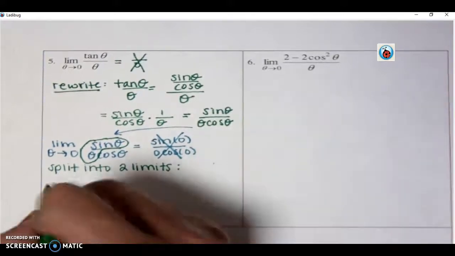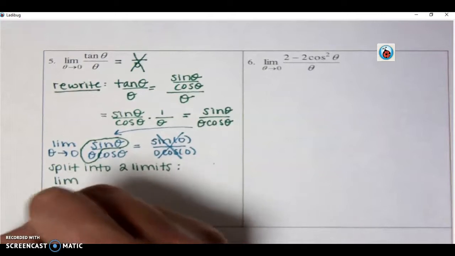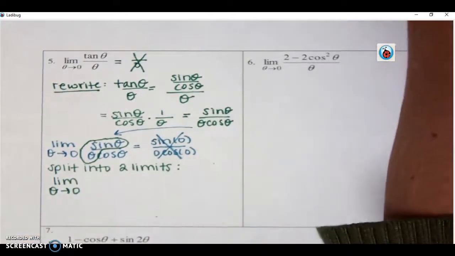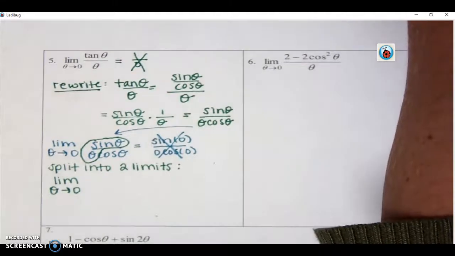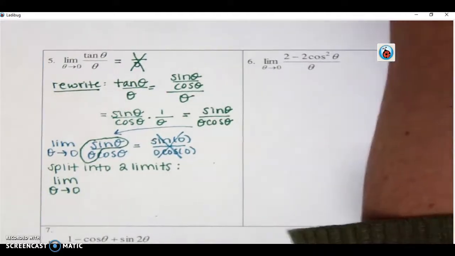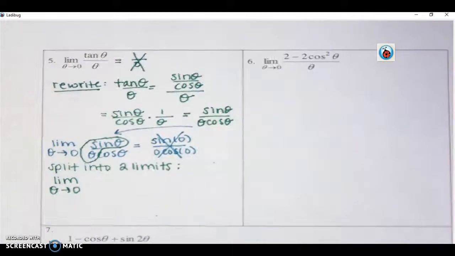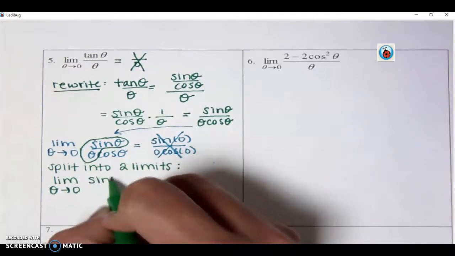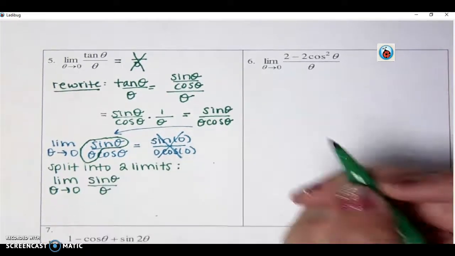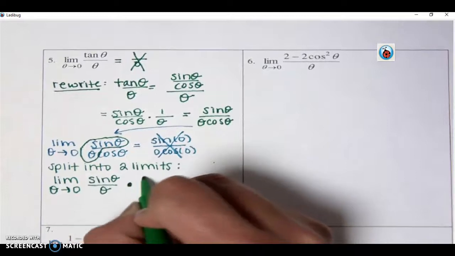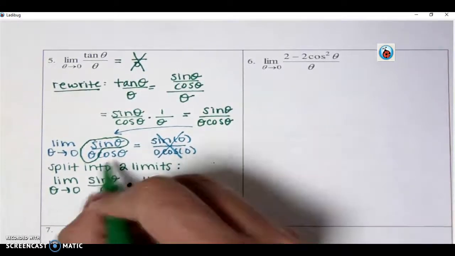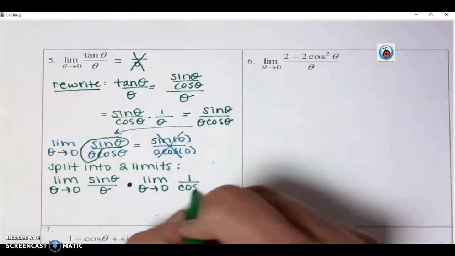We're going to split it into the limit as theta approaches 0 of sine theta over theta times the limit as theta approaches 0 of 1 over cosine theta is what we have left.